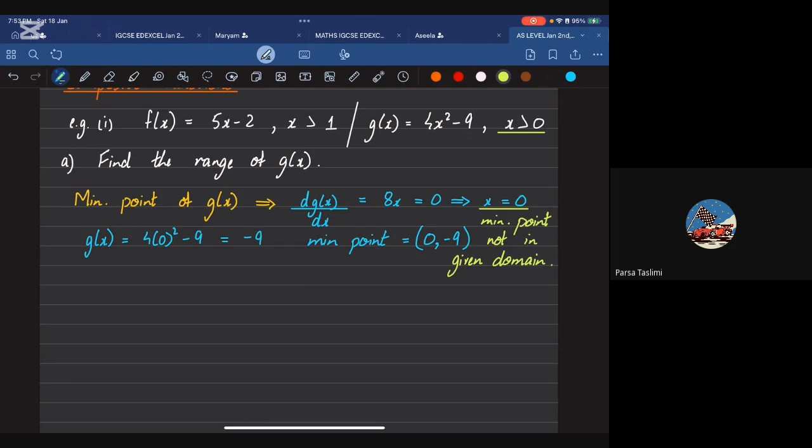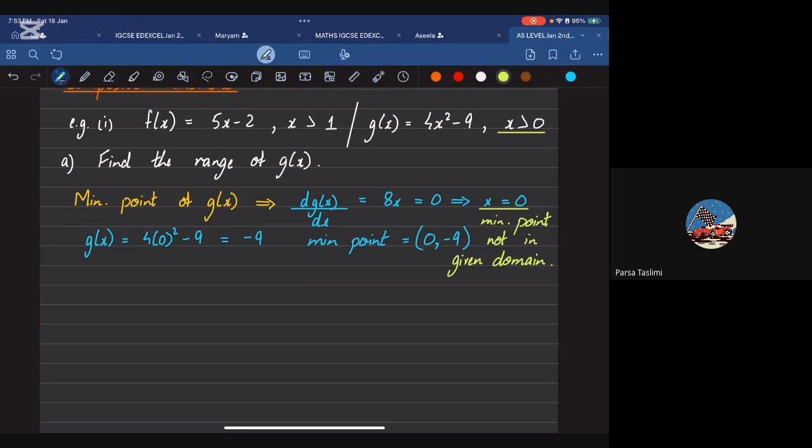So because your minimum point is not in the given domain, what is going to happen? You're simply going to put the extreme value of your domain into your function, and that will give you the range.